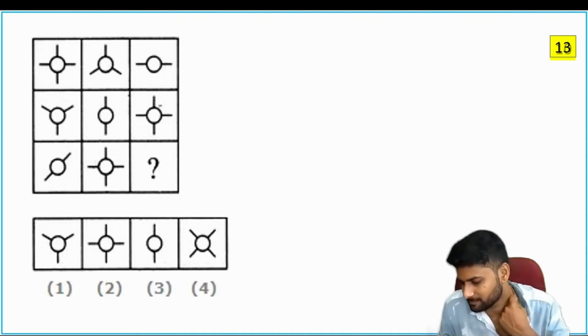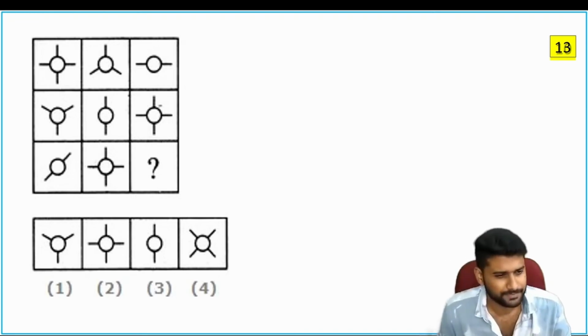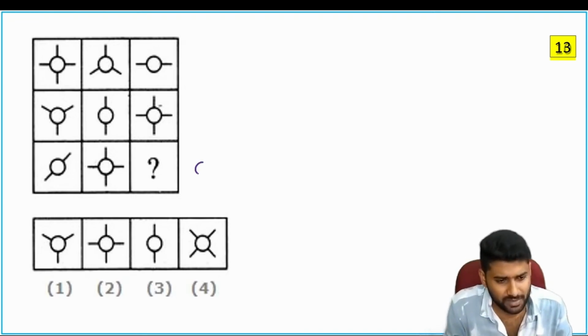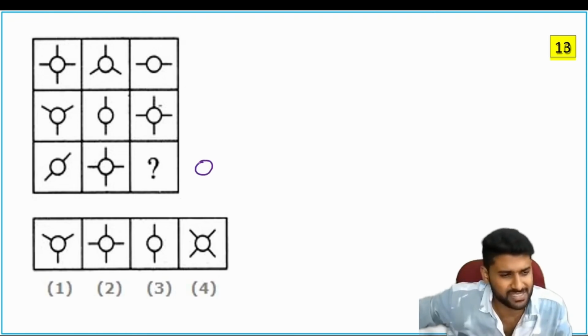Remove the common one. So the circle is common. So what about the lines? Which lines do we have to consider?